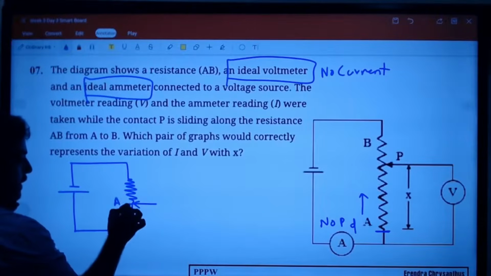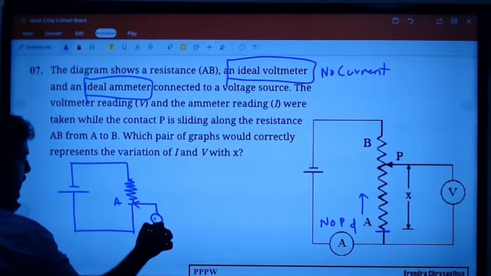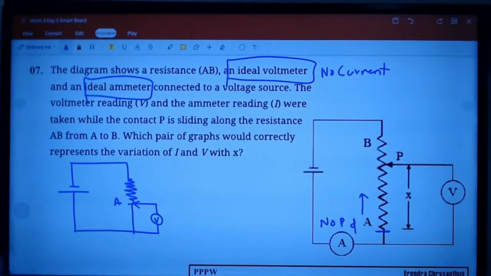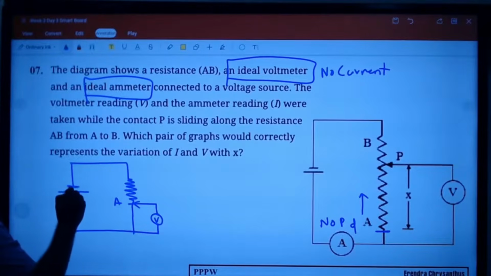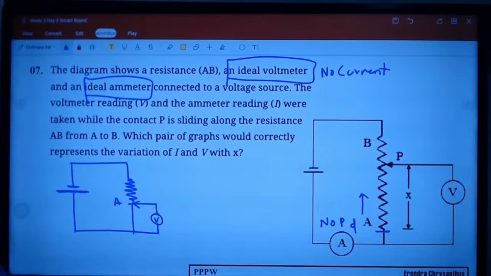This is at A. What is your voltmeter reading? If you look at the board carefully, be careful, negative terminal on top, positive terminal at the bottom. So this is going to be a positive or negative value, you should know.